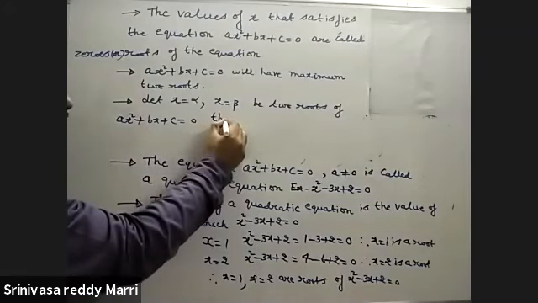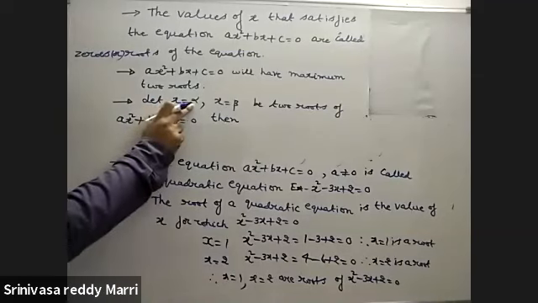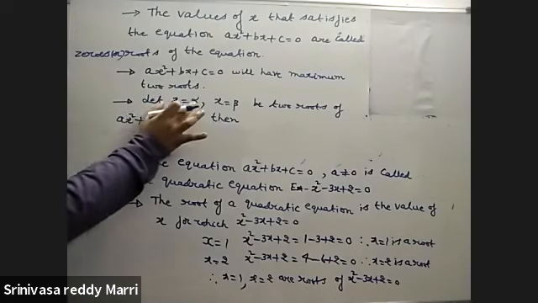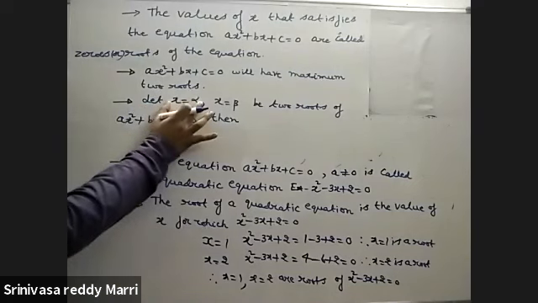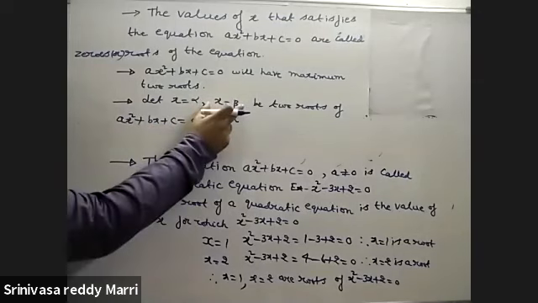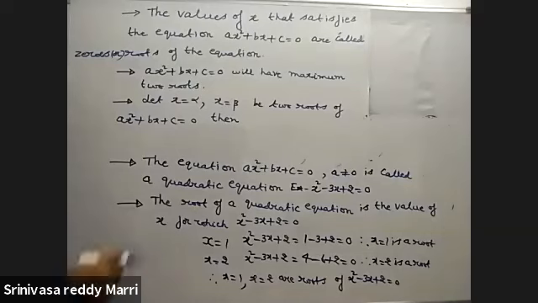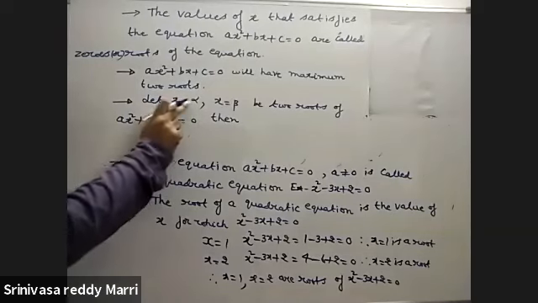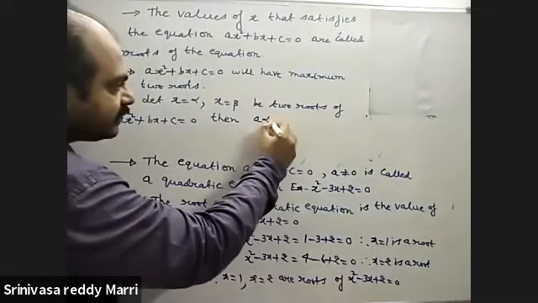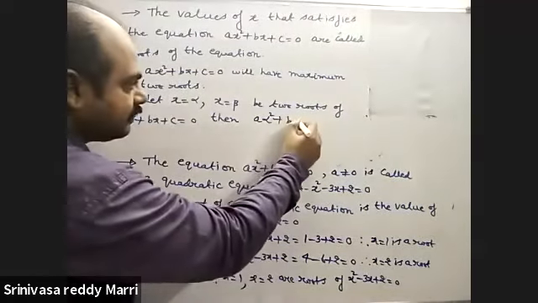Then look at, we are saying two roots, x equal to alpha and x equal to beta. That means for x equal to alpha, this expression will be 0, and for x equal to beta, this expression will become 0. If this is the root, it must satisfy the equation.